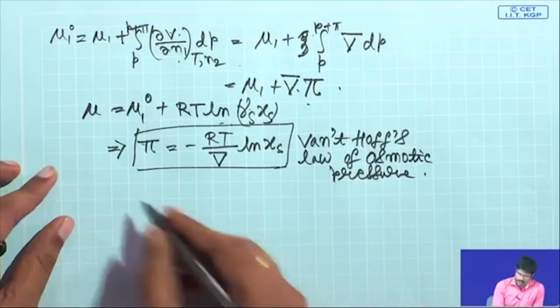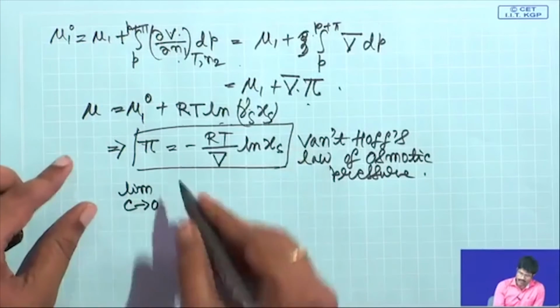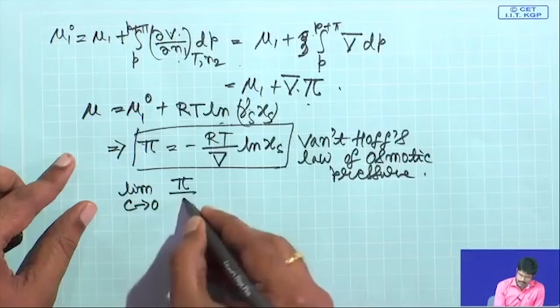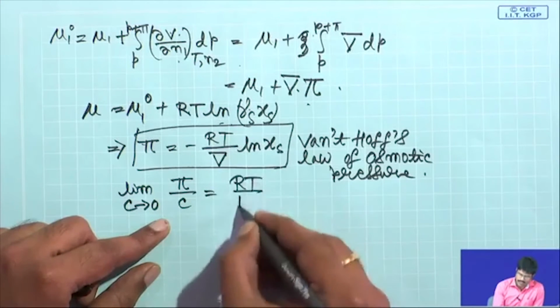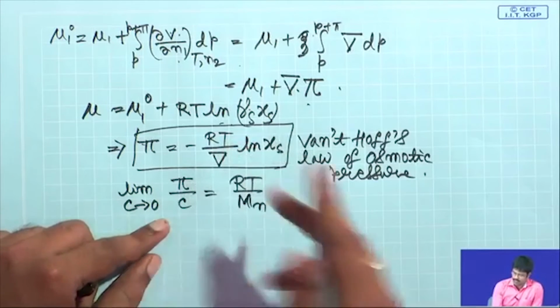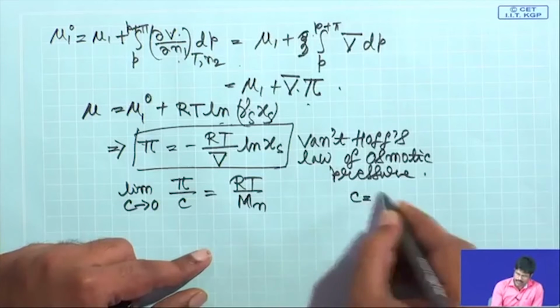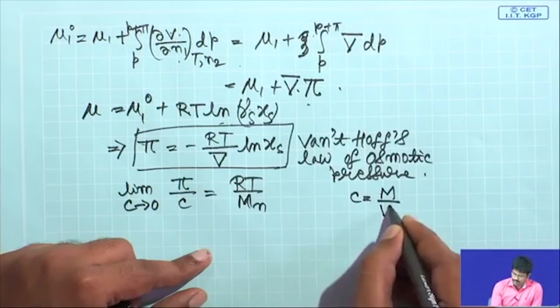And in the limit where C tends to 0, from here you can show that pi by C becomes equal to RT by Mn, because of this volume term, since your concentration is equal to m by V.